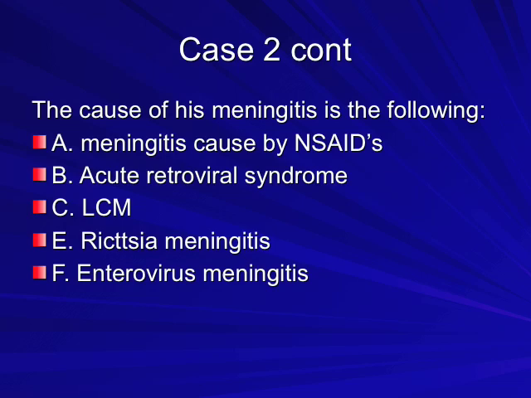What do you guys think is more likely to be the cause? Meningitis secondary to anti-inflammatories, acute retroviral syndrome, lymphocytic choriomeningitis, rickettsia meningitis, or enterovirus meningitis? Which one?